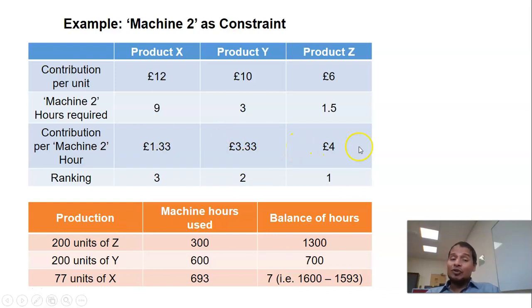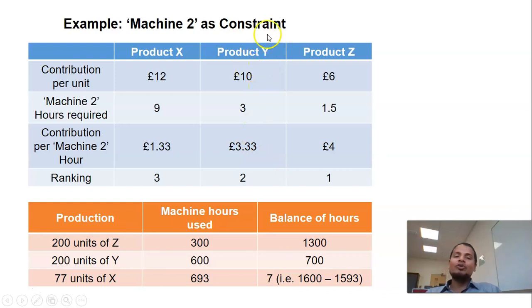If you don't need to produce any more Z, then you will go for producing product Y. Until you have fulfilled the demand for Z in the market, you will not go for producing Y. You will produce product Z. But once you have finished the 200 demand, you don't have any other demand for product Z.